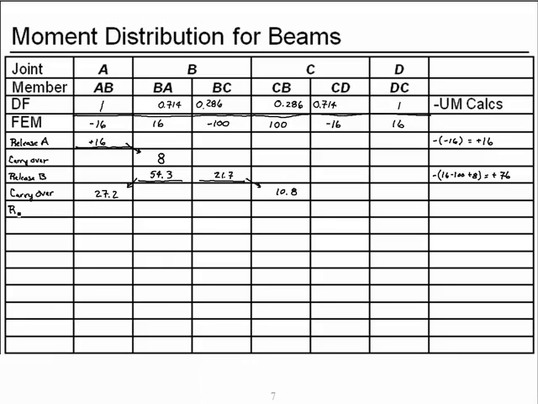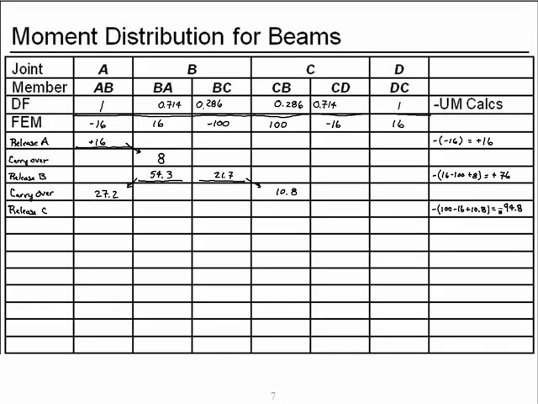Now we move to another node. Let's release node C. We need to find the unbalanced moment and then reverse the sign. We have the 100 minus 16 plus 10.8, and with the reversed sign we get a minus 94.8.